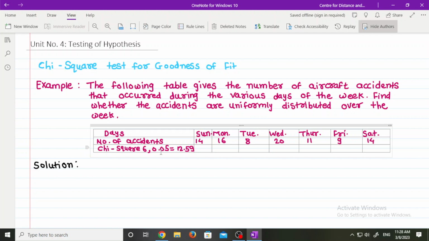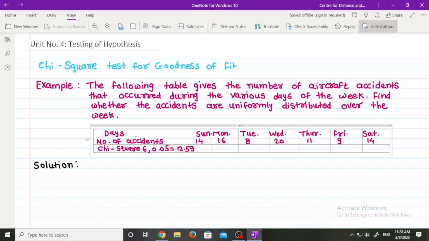The example is: the following table gives the number of aircraft accidents that occurred during the various days of the week. Find whether the accidents are uniformly distributed over the week. There are given some days and their respective number of accidents.